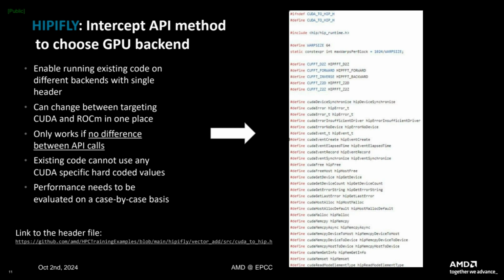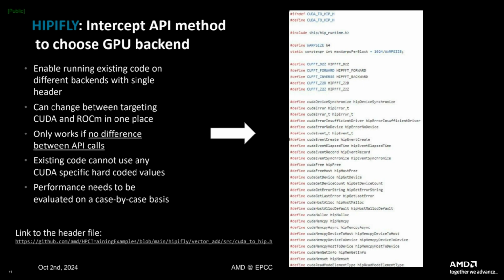If there's one-to-one correspondence between the CUDA API calls and the HIP ones, the code can work out of the box, so you wouldn't have to make any modification. Although you need this correspondence to happen, and therefore, performance of this has to be evaluated on a case-by-case basis.